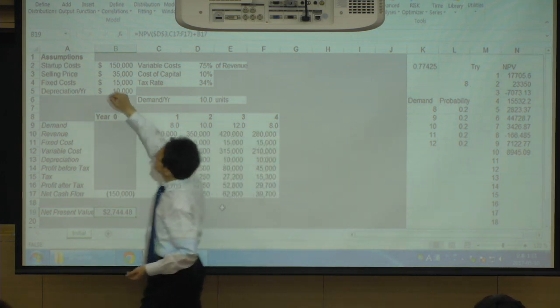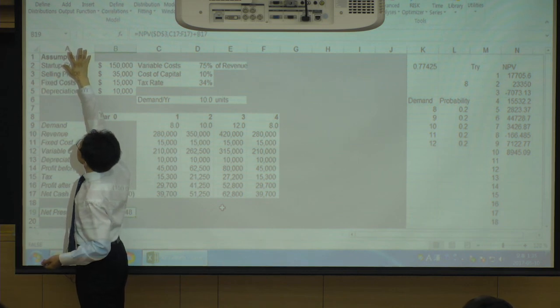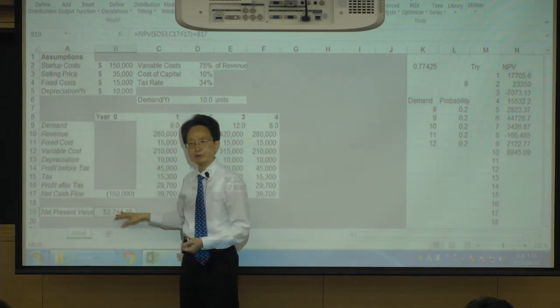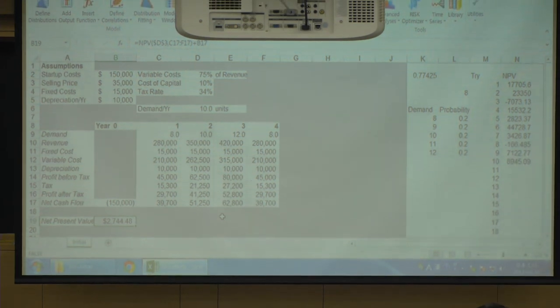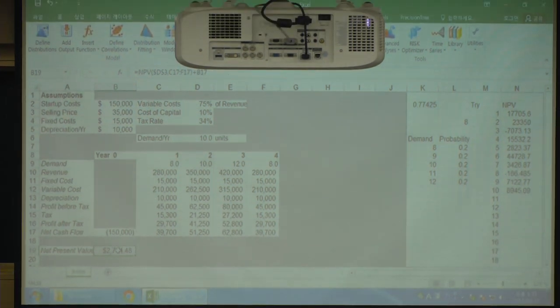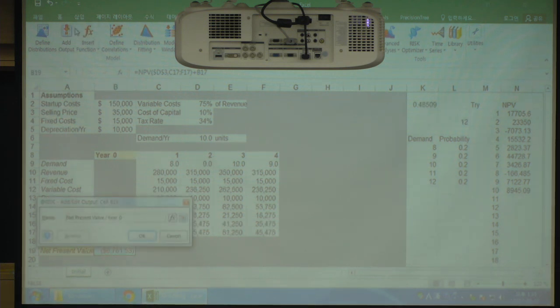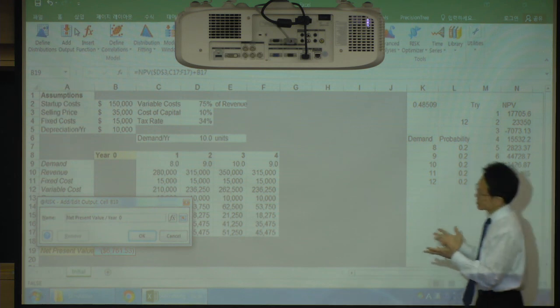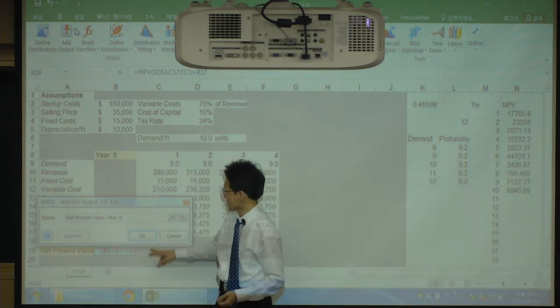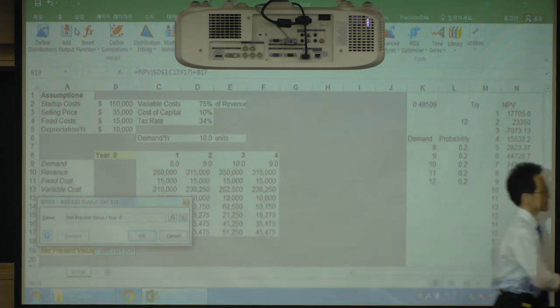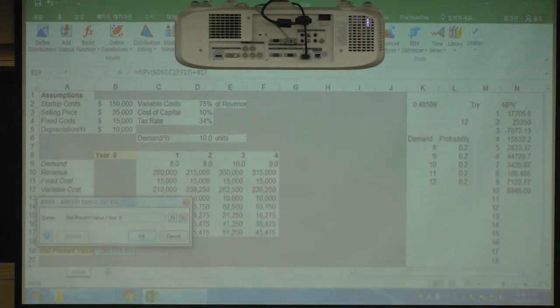And then if you look at this, add output. That's our output from the simulation. So you select it, highlight it, and you go to add output. Then it automatically names the cell net present value, and you just click OK.